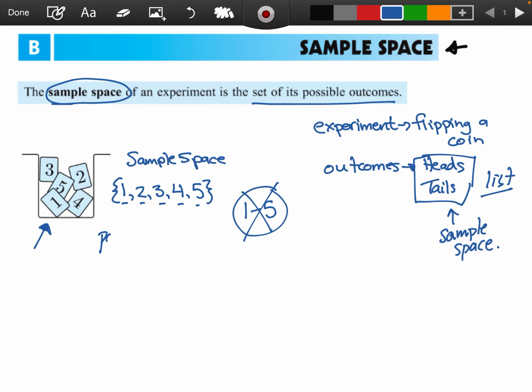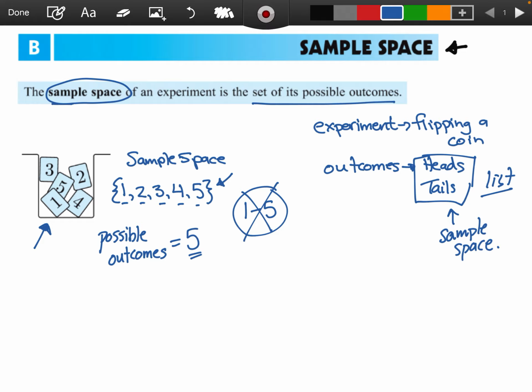We would say the number of possible outcomes is 5. There are 5 possible outcomes, but the sample space is the list of them, the actual things that could happen, not the number of outcomes. 1, 2, 3, 4, 5 in this case, and heads and tails in our previous example.